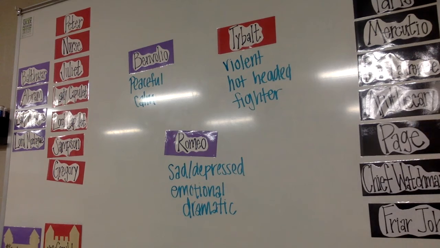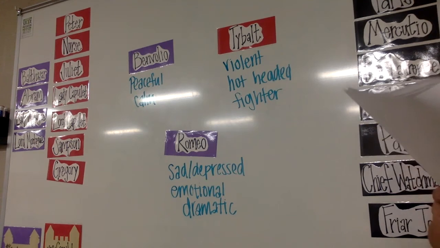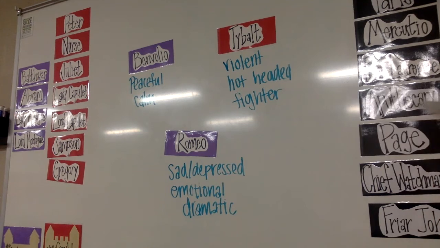At the bottom of page 1044, Romeo says, she'll not be hit with Cupid's arrow. She hath Dian's wit, and in strong proof of chastity well armed, from love's weak childish foe she lives unharmed. What kind of figurative language or literary device do we have here? Another allusion, two more allusions actually. She'll not be hit with Cupid's arrow.